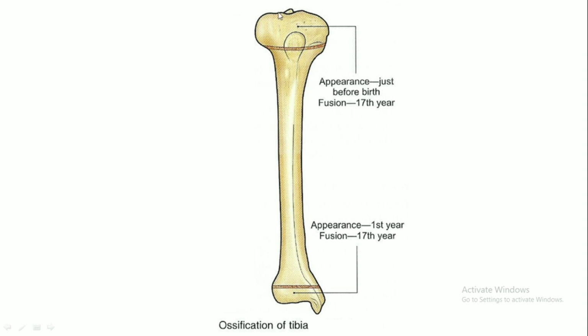There is a medico-legal importance of the lower end of the femur and upper end of the tibia that we have discussed. Also in applied anatomy, the upper end of the tibia is very much prone to osteomyelitis, acute osteomyelitis.